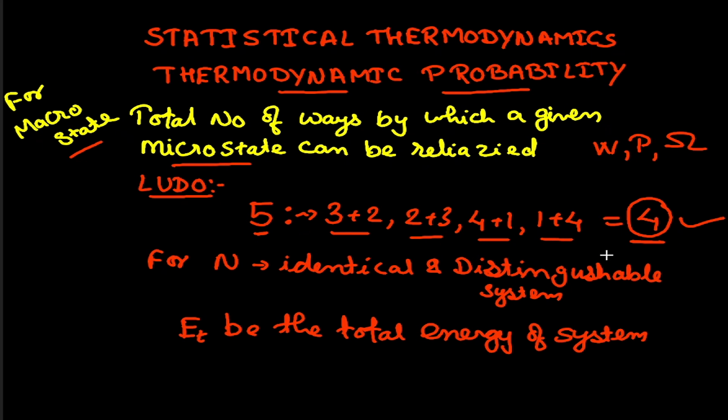So this is for smaller numbers, and we have to use the concept of permutation and combination in order to obtain the larger numbers. Suppose we are considering that we have n number of identical and distinguishable systems. Say I am studying hydrogen gas; all the molecules are identical, and if I label one molecule as Ha, another as Hb, another as Hc, then all these molecules will be distinguishable.